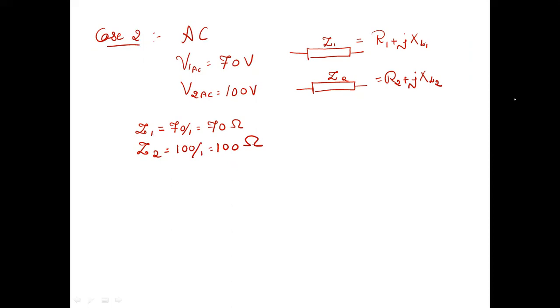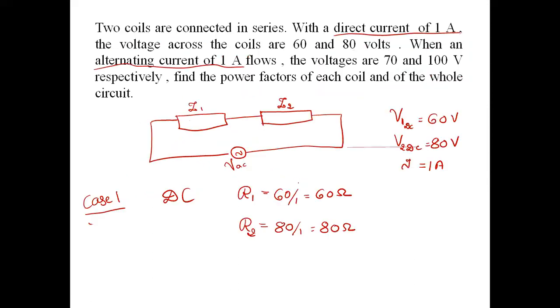Now we can use a regular formula: Z1 is equal to square root of R1 square plus XL1 square, or the same I can write as Z1 square equal to R1 square plus XL1 square. So 70 square is equal to, what was R1?